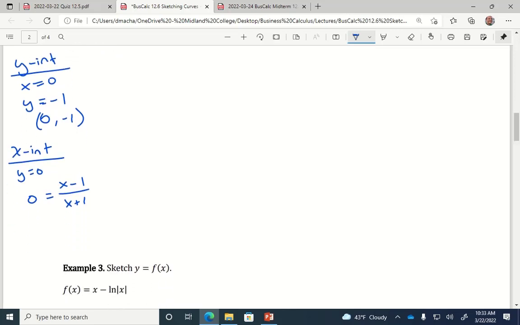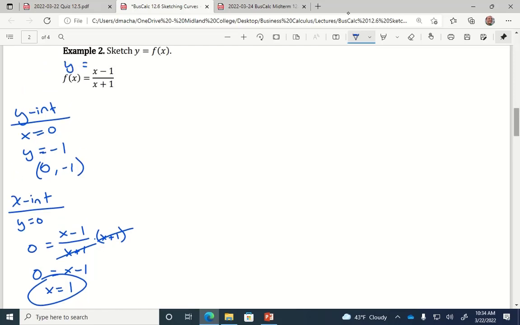I can explain that a different way. Let me look at this equation and multiply both sides by x plus 1. On the right side, multiplying times x plus 1 is going to cancel out the denominator. On the left side, 0 times x plus 1 is still 0, because 0 times anything is 0. So I say 0 is equal to x minus 1, and that means that x has to be positive 1. That's my only x-intercept. That was step 2.